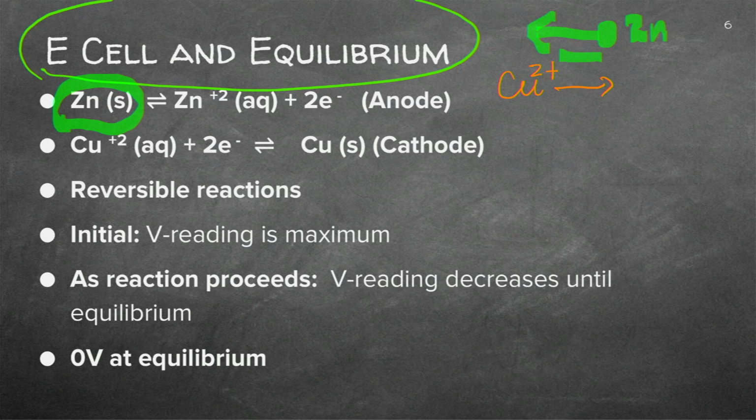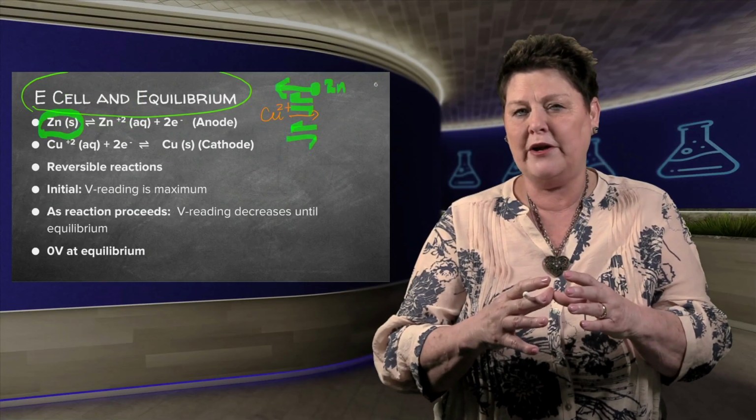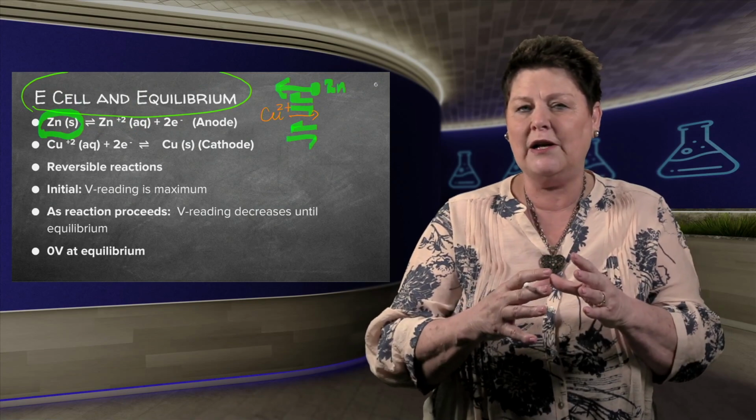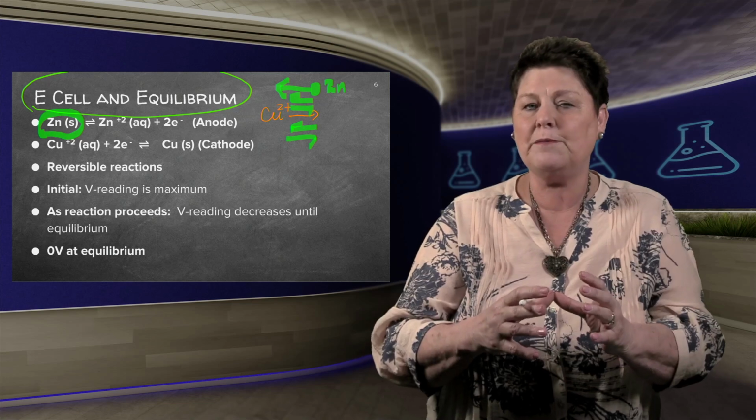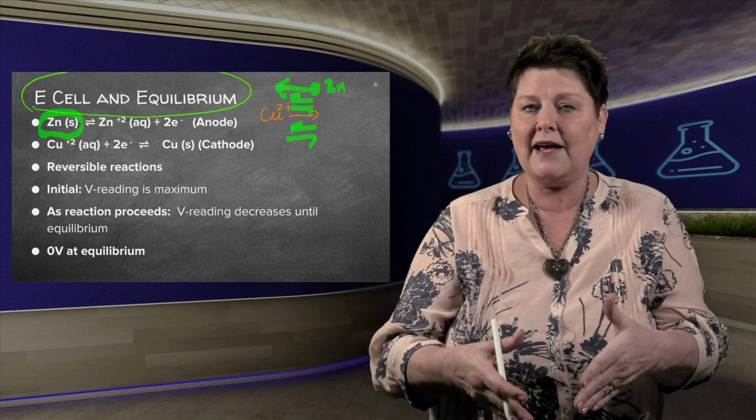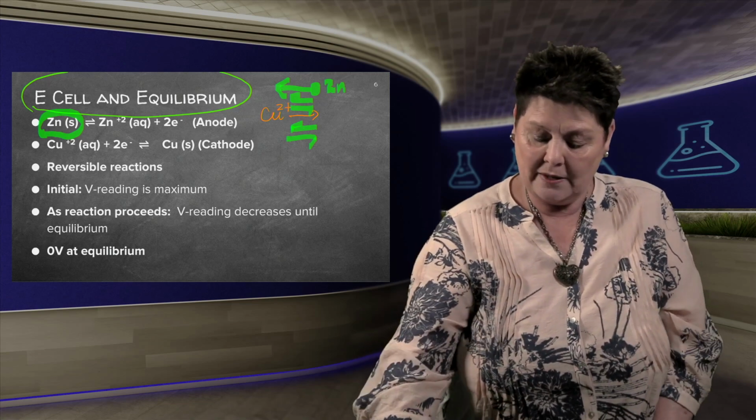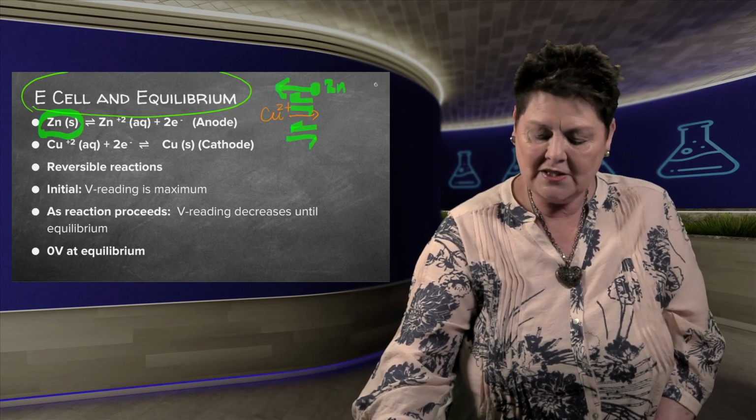So this one can go that way, but it can also go that way, as well as this one going this way and that way. We did a whole chapter on equilibrium. So go and have a look at equilibrium, Le Chatelier's principle, so that you can actually apply that in your electrochemistry chapter. Now, what's going to happen?